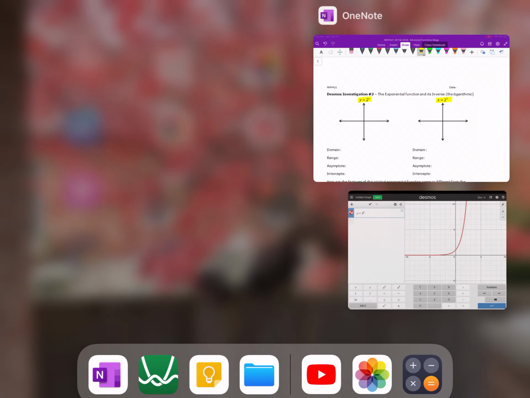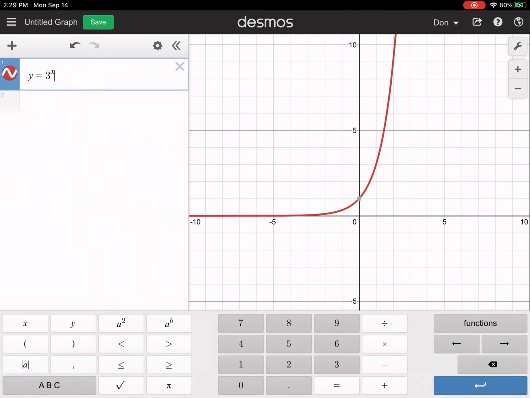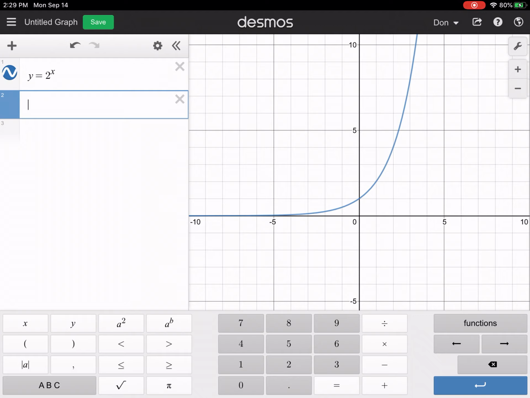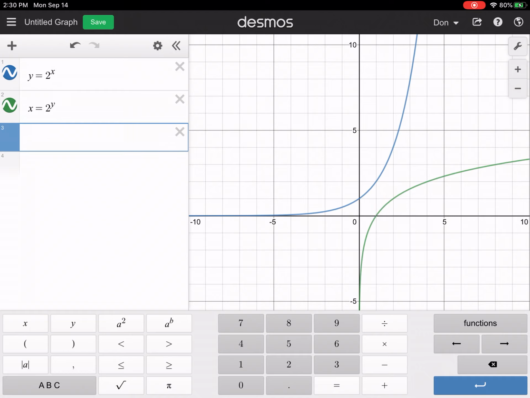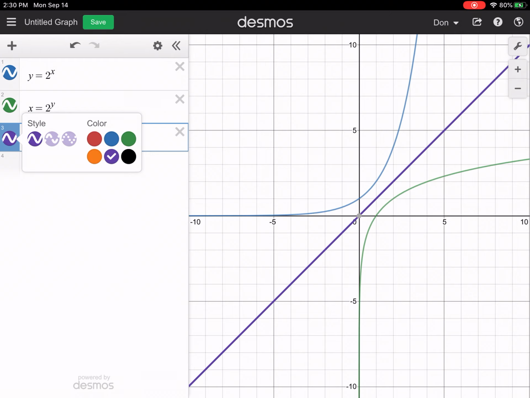But let's actually do it and confirm that. Y equals 2 to the exponent x, and x equals 2 to the exponent y. It looks like that is the case. Let's be sure. Let's actually put in the line y equals x and see if there's a reflection there. It appears to be.